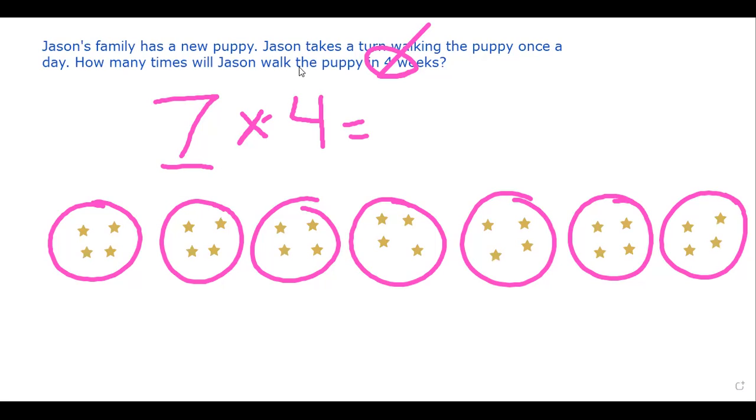Okay, so this is another way that I can solve 7 times 4. I have 7 groups, 7 circles, and I have 4 stars in each group. I want to find out how many I have all together.